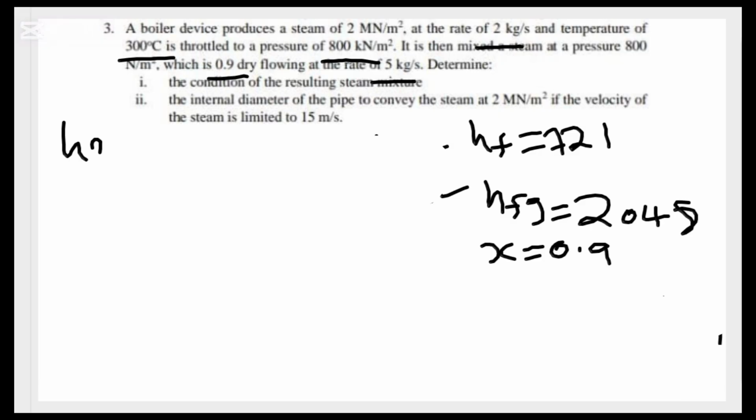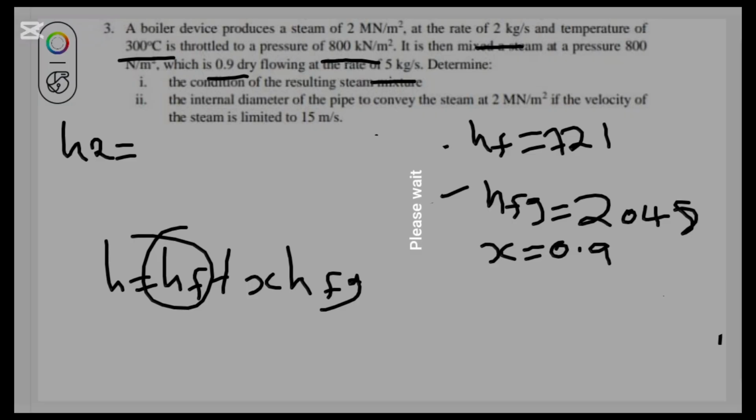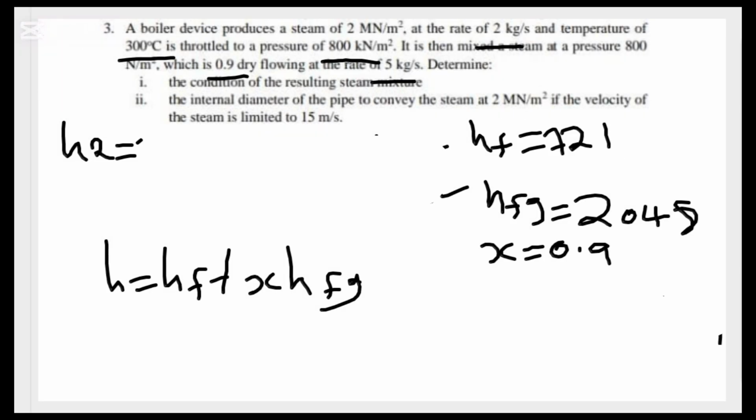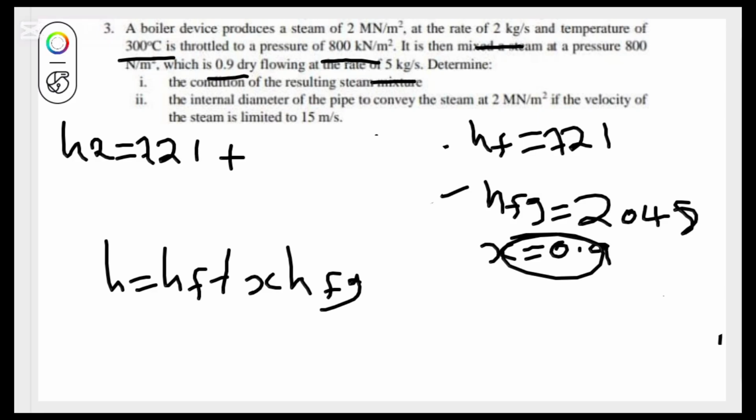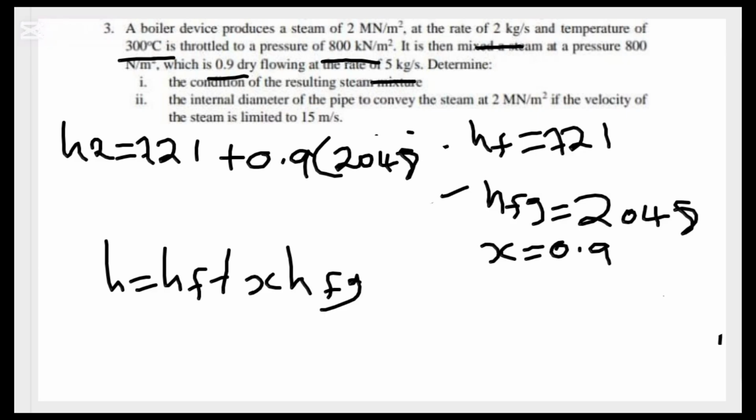So from now on, H2 will be equal to H. The formula says H equals Hf plus X times Hfg. So this is my Hf, and I'll insert it: 721 plus my X, which is 0.9, multiplied by this Hfg, which is 2048.